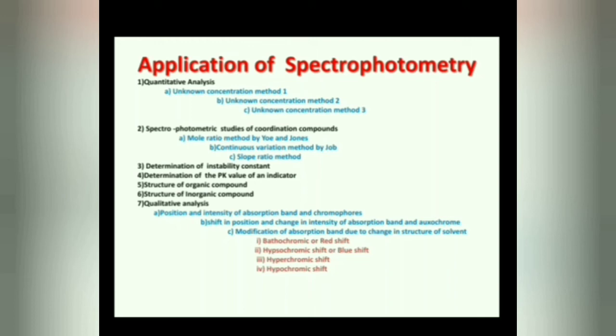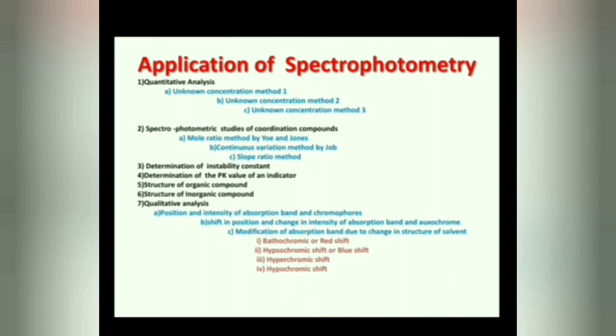Here the lambda max changes from 255 to 280 nanometer, and band intensity changes from 202 to 1430. Okay, so the role of the auxochrome is what? To increase the intensity of the chromophore.